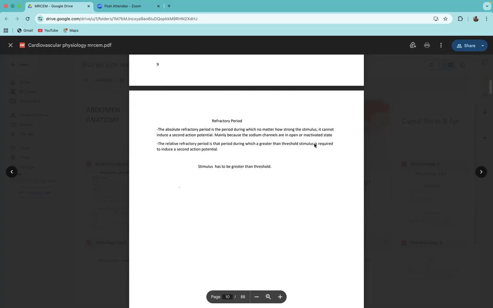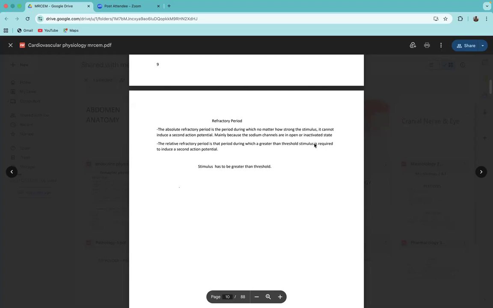But in case of a relative refractory period, there will be a certain amount of voltage present, and if you can cross that certain amount, you can actually cause a second action potential. That amount of stimulus is known as the relative refractory period.